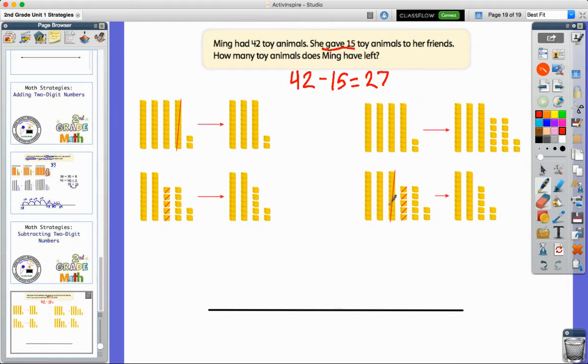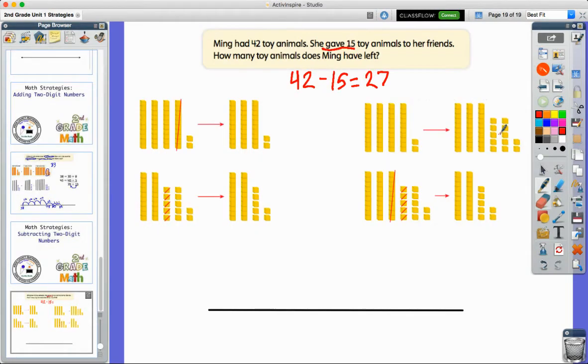So we took away 10 and 5. We took away 15. And what we have left is 10, 20, 5, 6, 7. We see that right here, our answer of 27. So that shows you how to take away tens first and then ones, or take away ones first and then tens. But either way, we had to bust up a group of 10 into 10 ones.